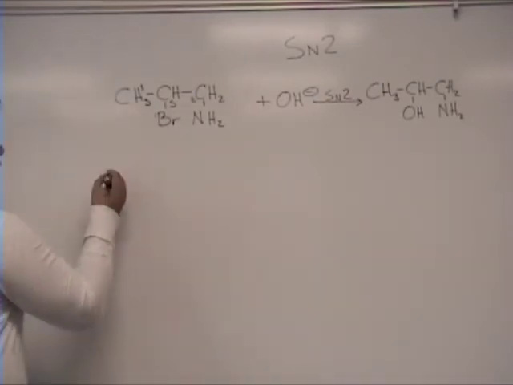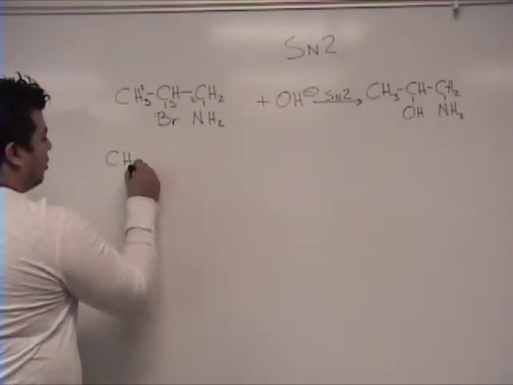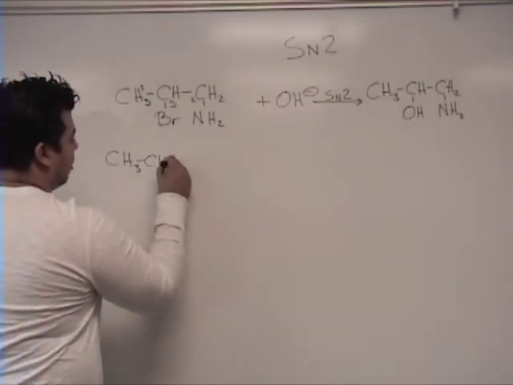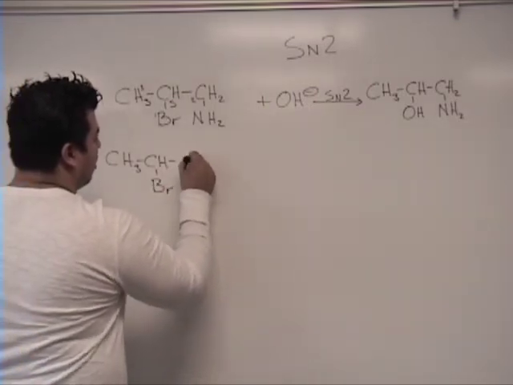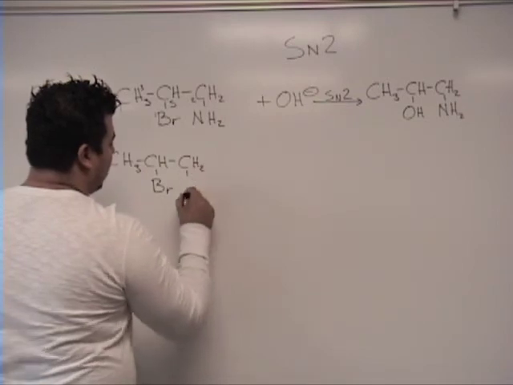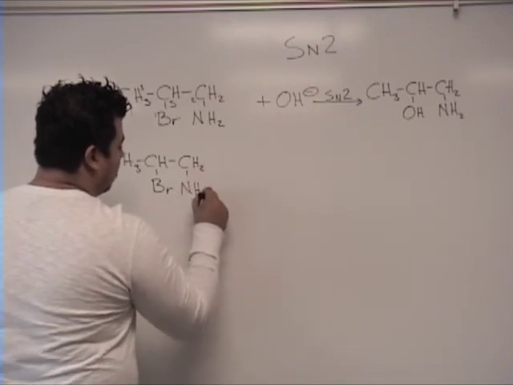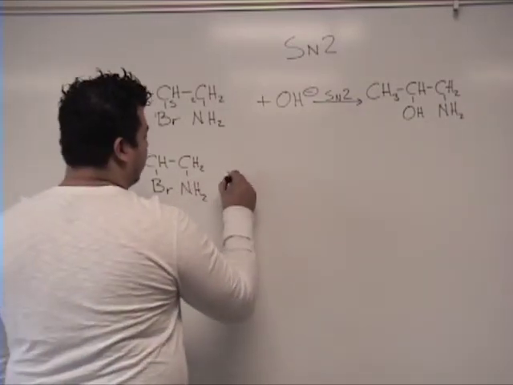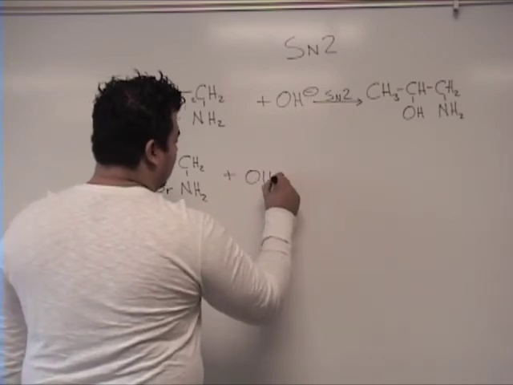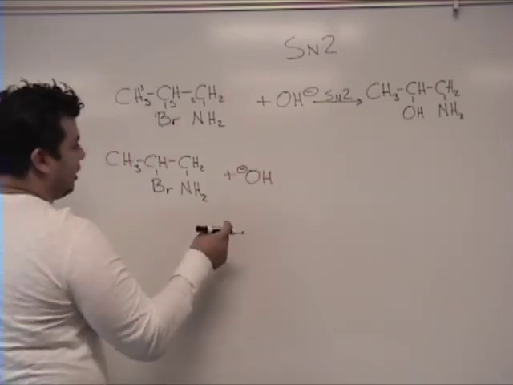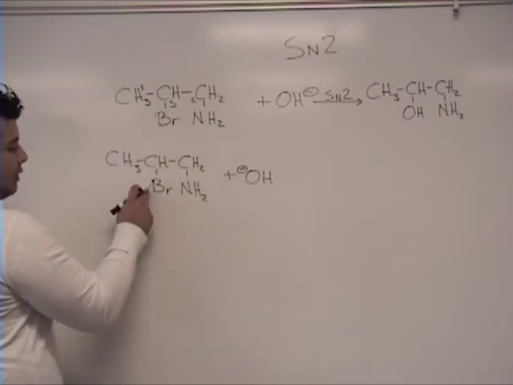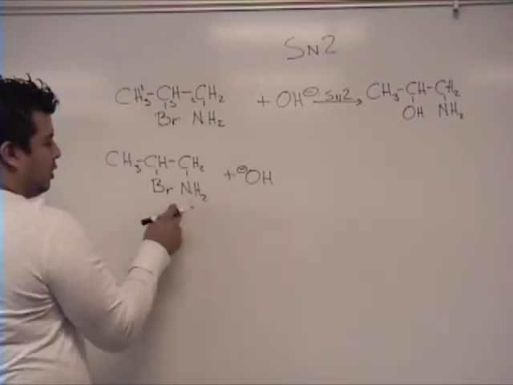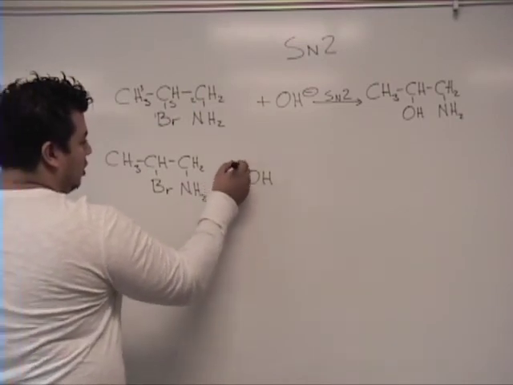Now, I'm going to copy this. CH, Br, CH2, and NH2. Then plus OH minus. Now we said that the OH minus, the nucleophile, is going to attack this carbon that has the good leaving group. This is not a good leaving group.